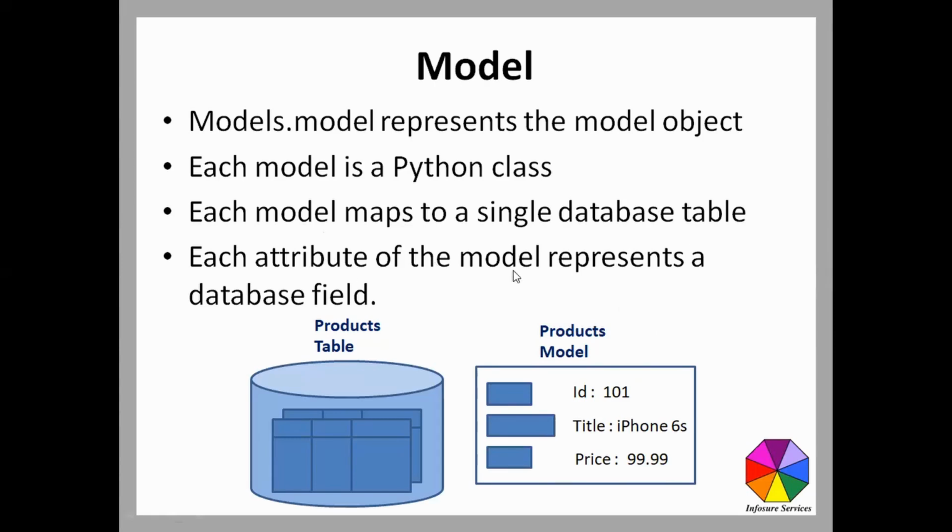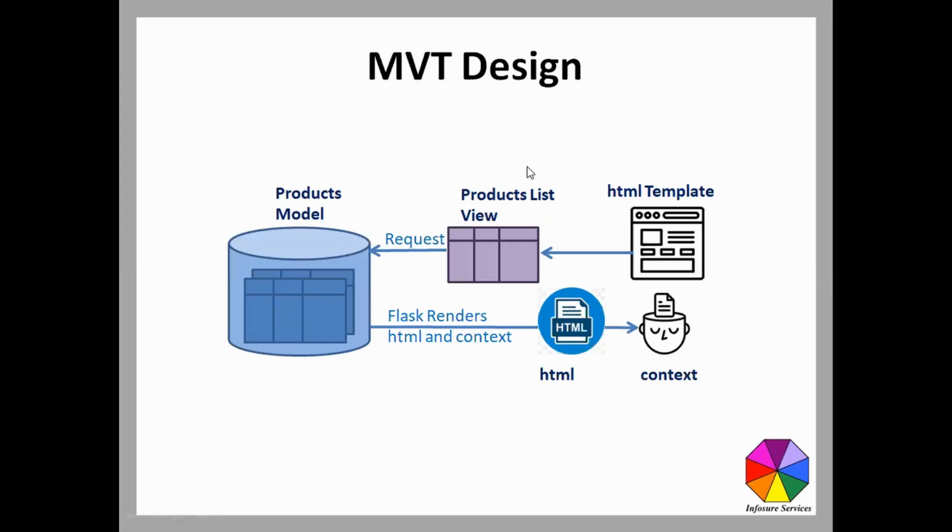Attributes of the model represent the database fields. So models.Model is a superset of the model which you inherit from. It is the representation of all the models, like a parent object from which each object is inherited. Each model is inherited from that superset. So that's the MVT design paradigm.